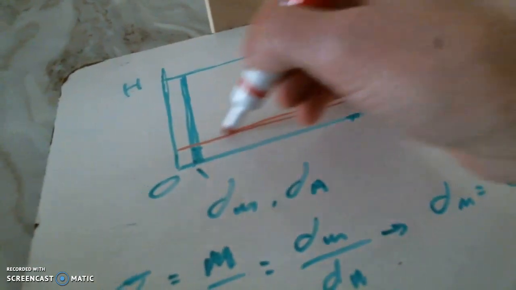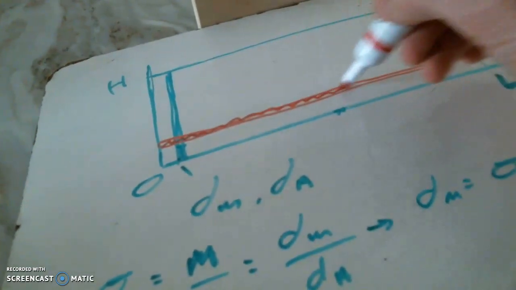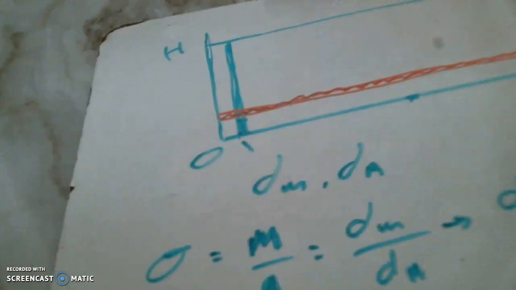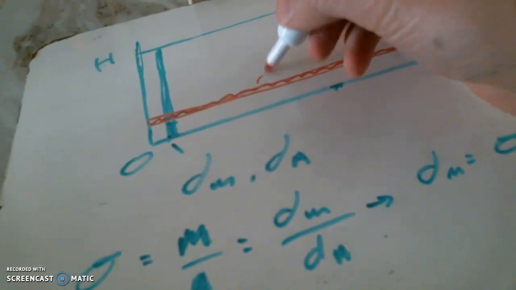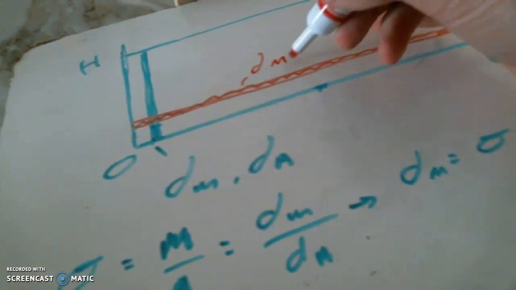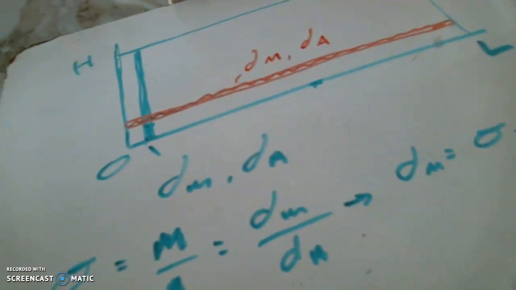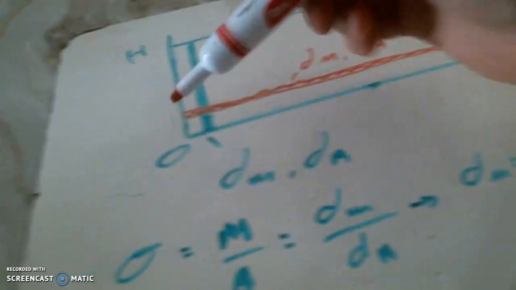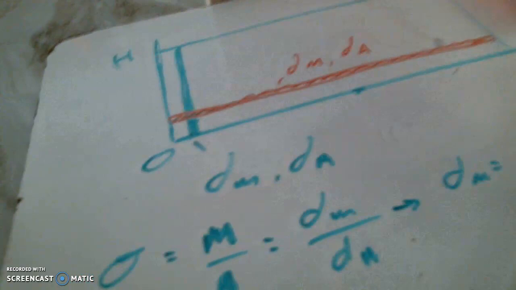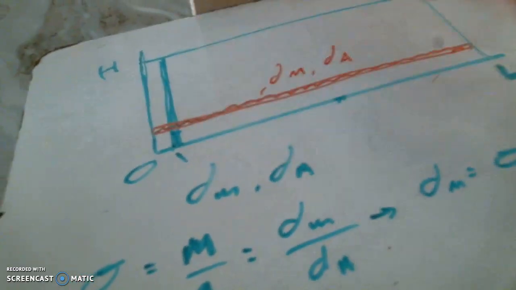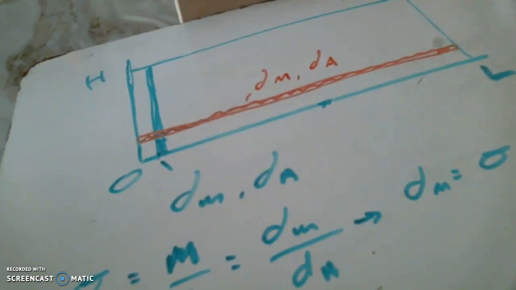So now this red sliver corresponds to what that green sliver is. All right, so this is a differential mass, and it is also a differential amount of that area. And my bounds now, instead of going from 0 to L with a constant h, I'm going to go from 0 to h with a constant L.